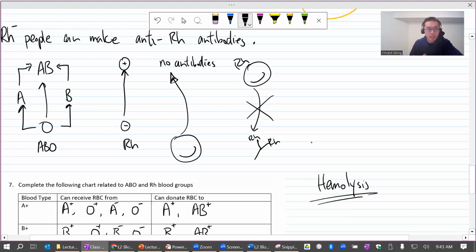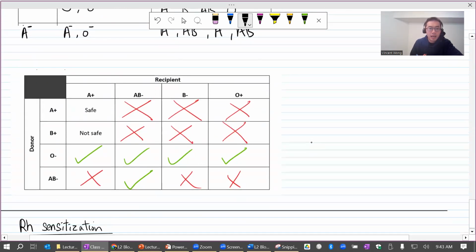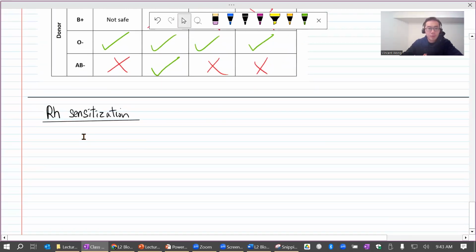All right, RH sensitization. I need to backtrack a little bit and explain something to you. I already told you this, but let's go through it again mentally. A person who has type A blood, what kind of antibodies do they have? You can just think about it in your head.